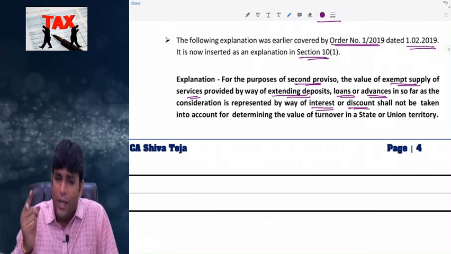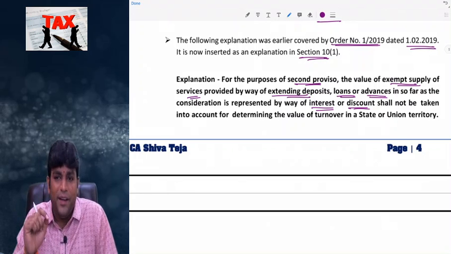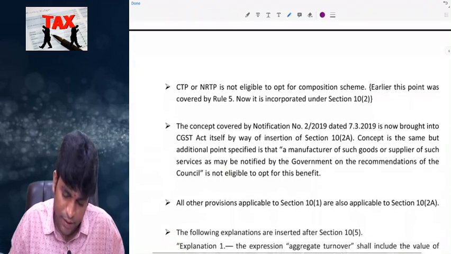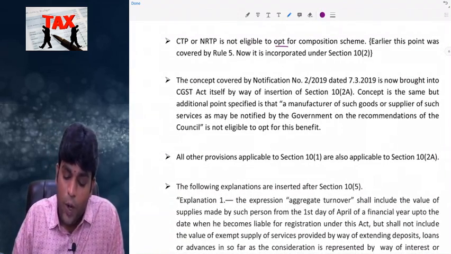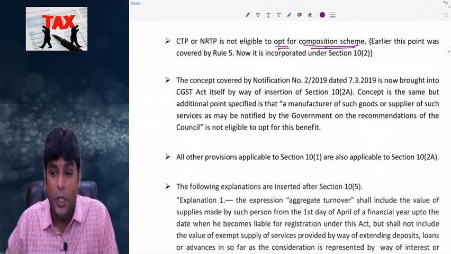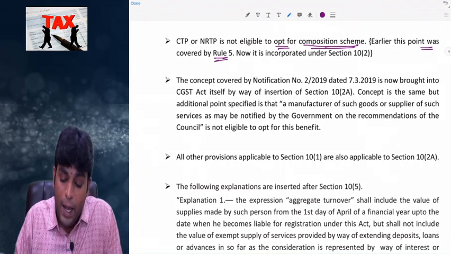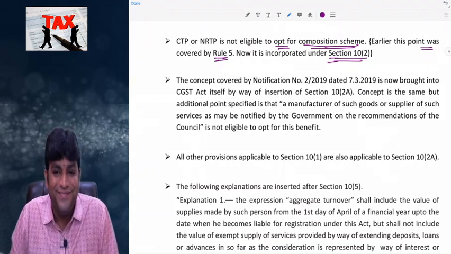This point was earlier covered by order number 1 by 2019, but now it is covered by section 10.1. That's it. Next, CTP or NRTP is not eligible to opt for composition scheme. This point was there before also, but earlier it was covered by Rule 5, and now it is incorporated in section 10 subsection 2.